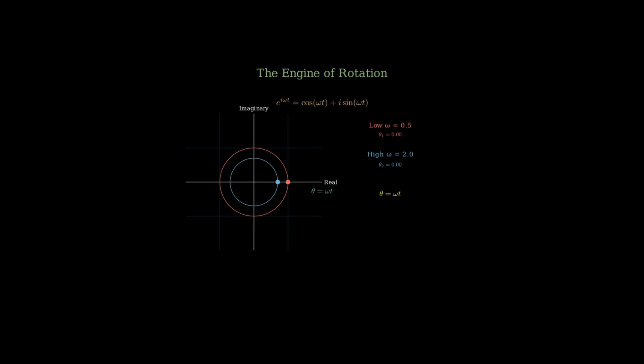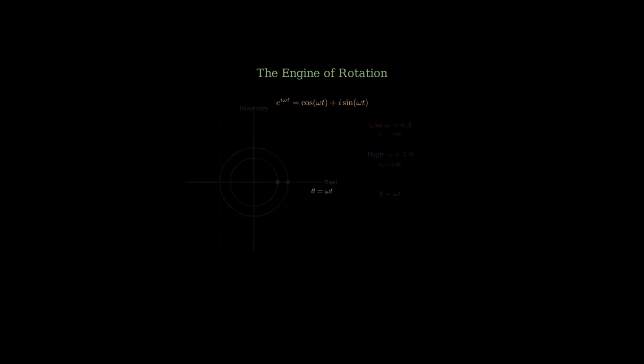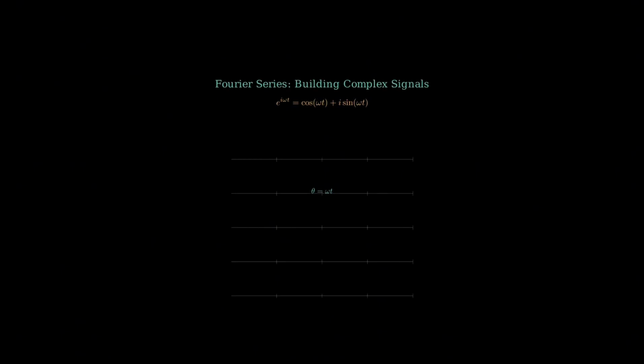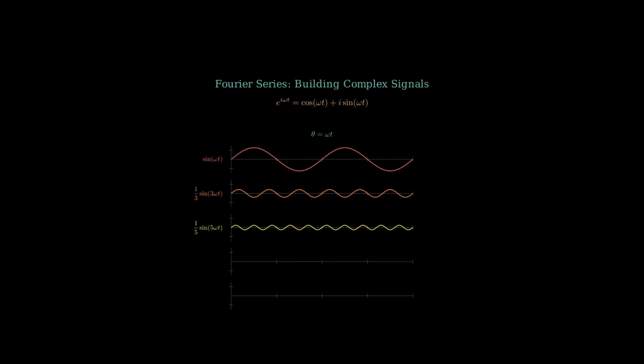A high frequency means the theta changes quickly. A low frequency means the theta changes slowly. The standard position angle is now the fundamental component that defines a signal's frequency. From standardizing the position of angles, we've created the prism that turns noise into layers of harmony that makes analyzing any type of signal possible.